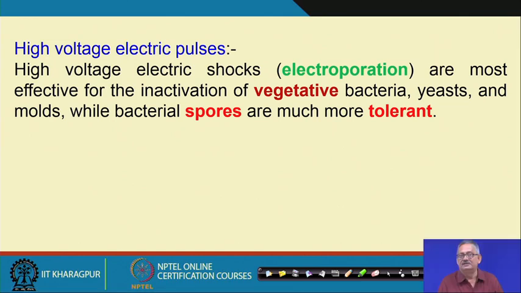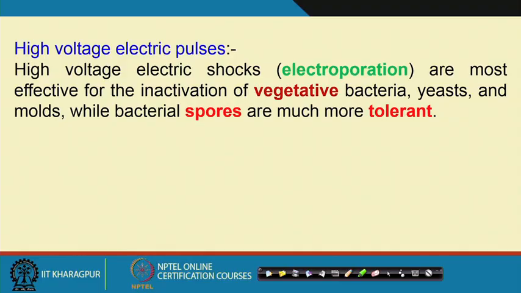Or if we remember, we talked about in the previous class ultrasonication, then heat and pressure, all these three together in combination we had said as one of the emerging technologies which is coming up. Then we said high voltage electric pulse, which we said in the previous class. Now, let us also explain a little, so that we understand what the process is.